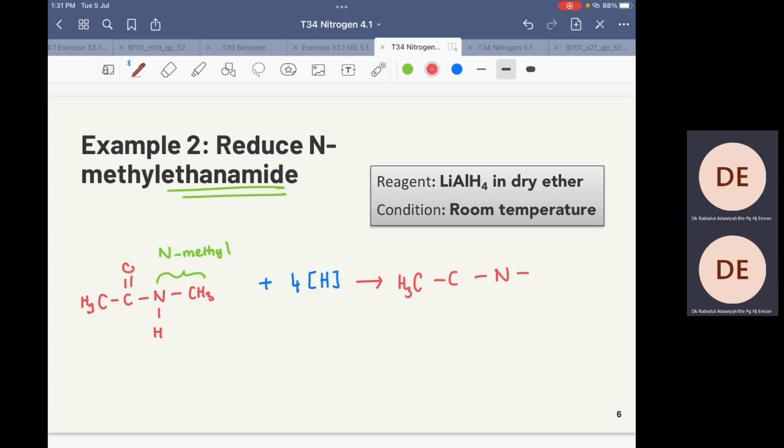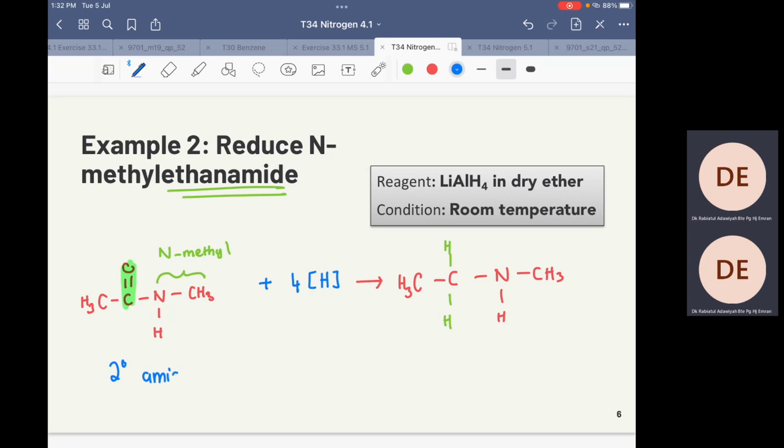Okay, so the nitrogen part stays unchanged. The only thing that is changing is that you lose the oxygen from the C double bond O, and that carbon gains hydrogen.